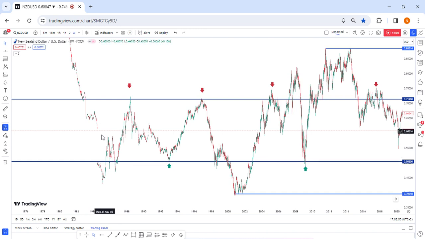We're seeing this huge gap over here, which pretty much shows that there was a lot of volatility that came in at this time, probably a market crash, and then price pushed up. So would we say this is valid? Pretty tricky, but I'll take it more as a demand zone, essentially.